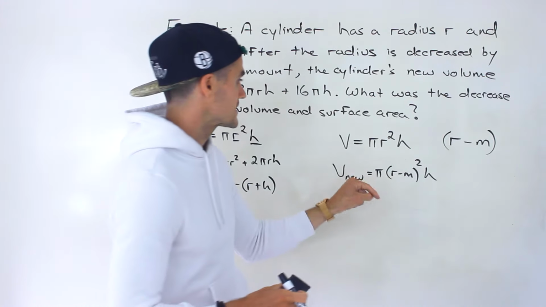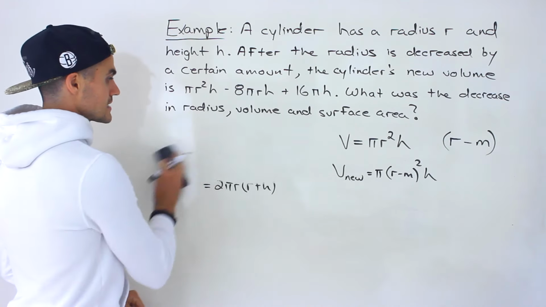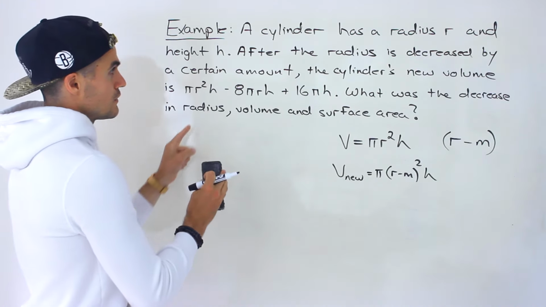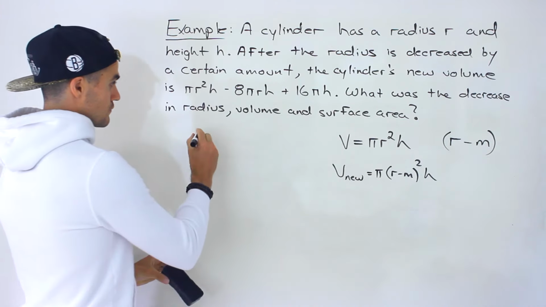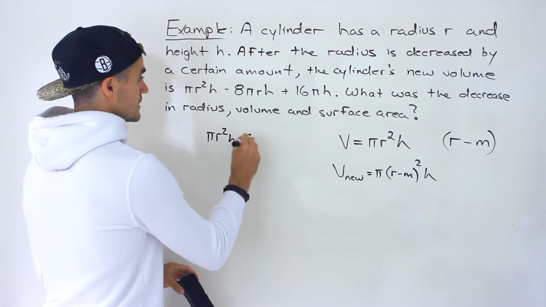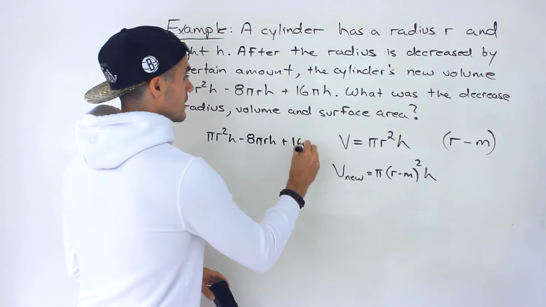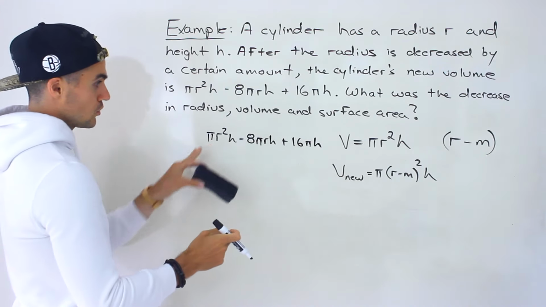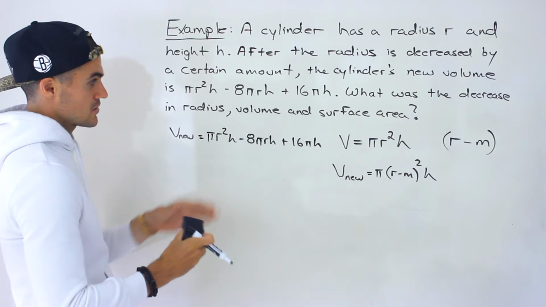Now, what's nice is we're told that the cylinder's new volume is given by this expression. So if we write this expression over here, pi r squared h minus 8 pi r h plus 16 pi h, we're told that the new volume is this expression.